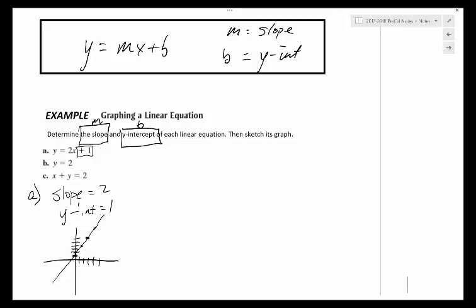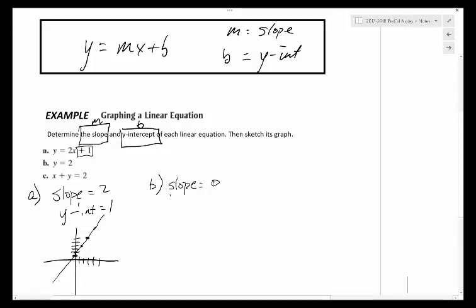For the next one, y equals 2. Well, for y equals 2, what's my m value? The slope is 0. There is no slope because there's no x value there. Simply, the equation says that y is all instances where you have the value of 2.